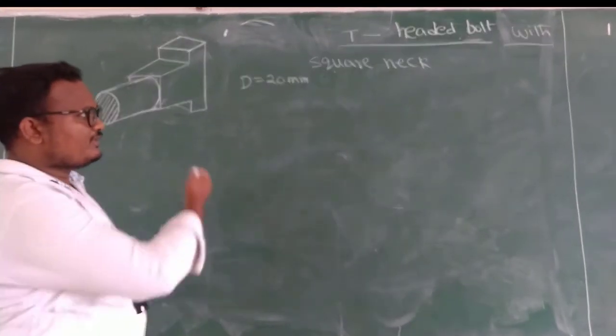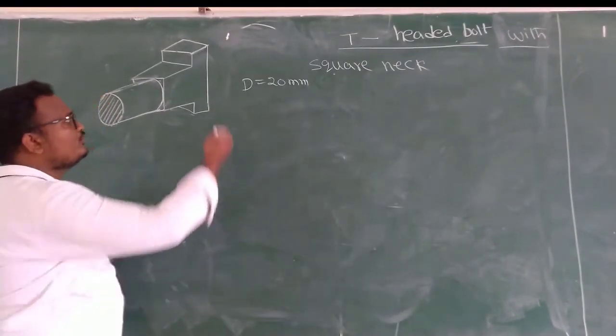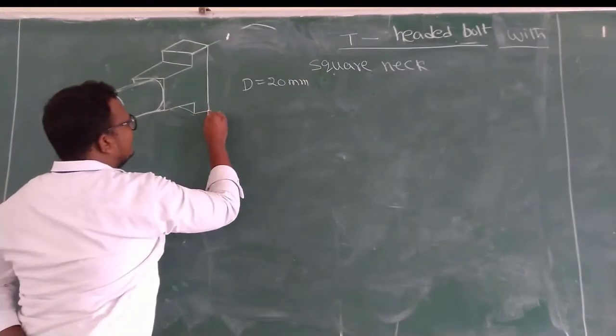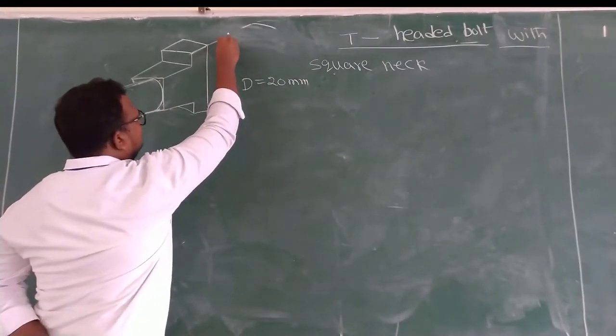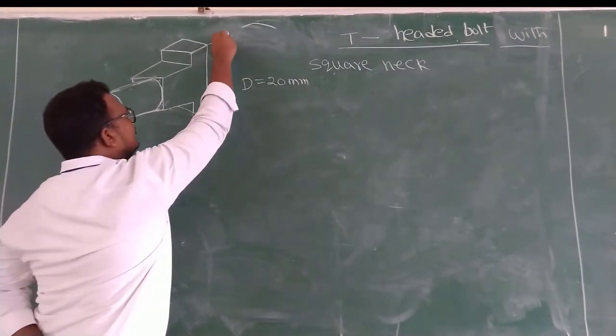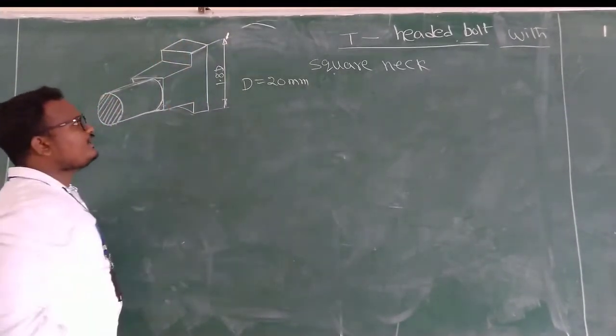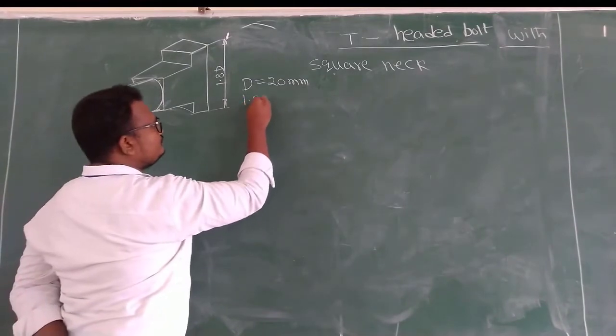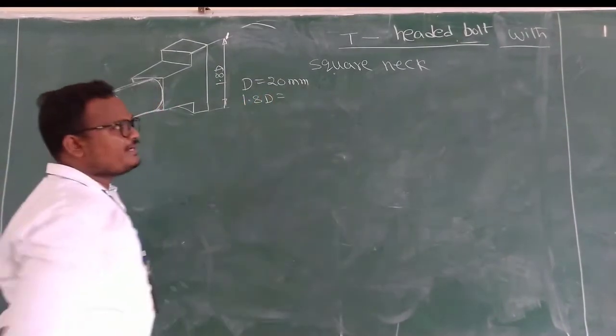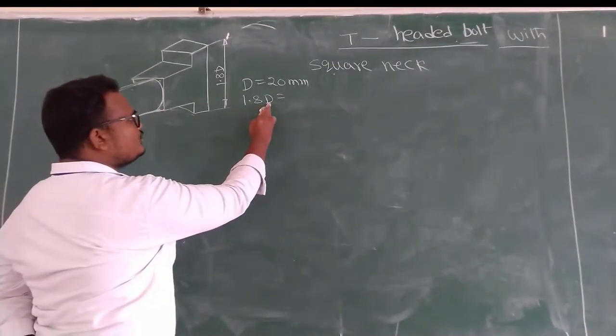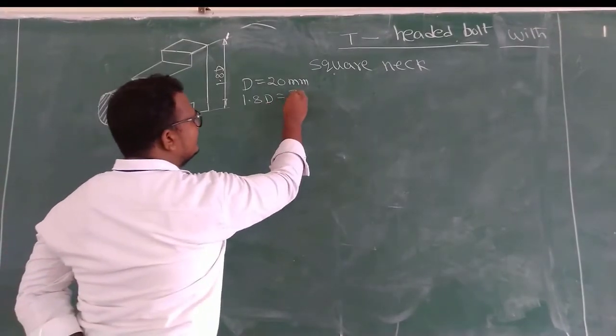For the T-shaped head, we have a standard value for the height, that is 1.8 into D. 1.8 into 20 is 36 mm.